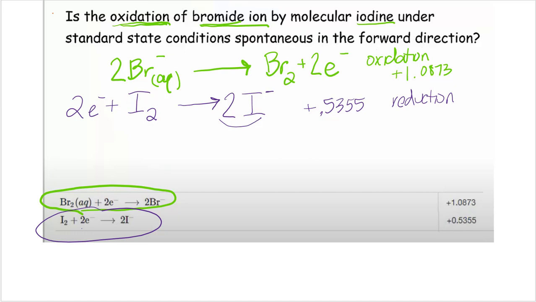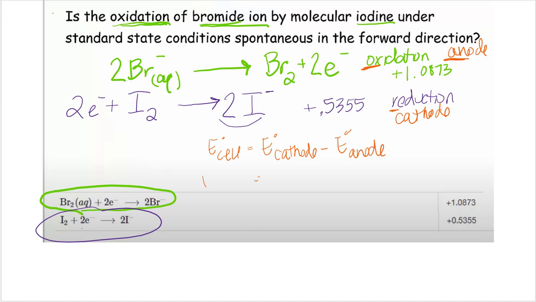All right, and so going one step further, we know that the oxidation is my anode, right? Both vowels. My reduction is my cathode. And to find my Ecell, it is my cathode minus my anode. So let's write down these values.